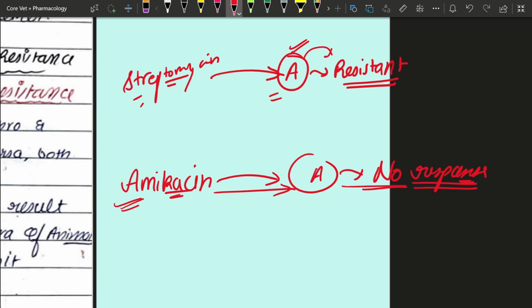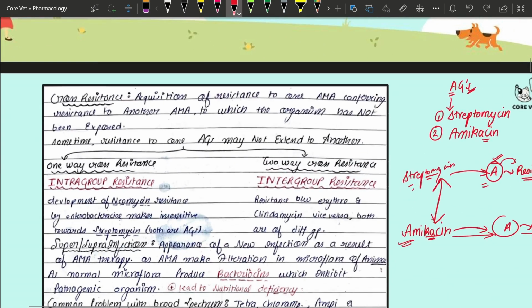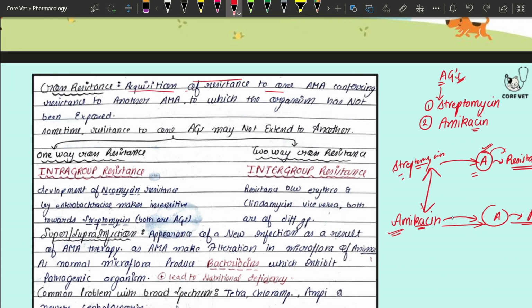Why? Because there was cross resistance. It means that on the application of a certain drug, the microbe has attained resistance affinity towards any other drug. Cross resistance means the acquisition of resistance to one antimicrobial agent conferring resistance to another antimicrobial agent to which the organism hasn't been exposed.